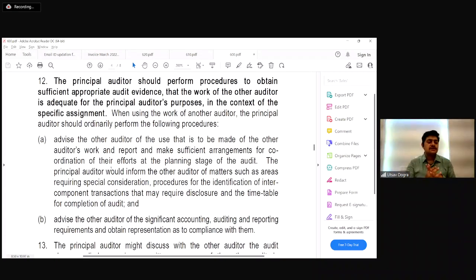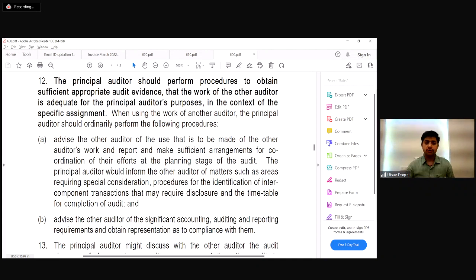In the para, the principal auditor should perform procedures to obtain sufficient and appropriate audit evidence, like I have been saying before, that the work of the other auditor is adequate for the principal auditor's purpose. The principal auditor's purpose is ultimately to give an opinion upon the consolidated financial statements of the company.